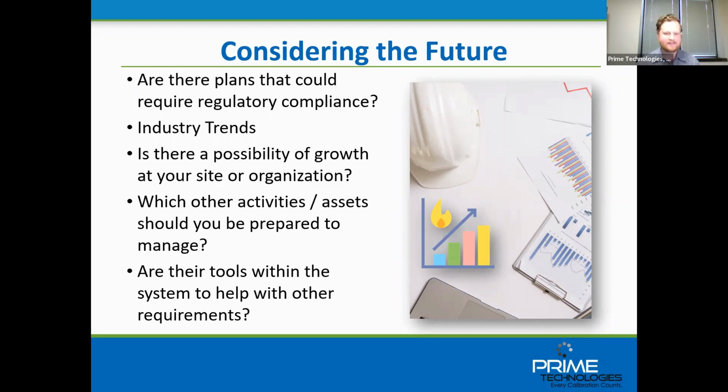And then finally on my list here: are there tools within the system to help with other requirements? This helps with buy-in and with expansion, and we see this frequently where customers will get started with just the calibration module in our program, but then another team will say, oh, we need minor maintenance functionality or checklists, or we need to start calibrating pipettes or scales and balances, or we need parts and inventory management in the system.